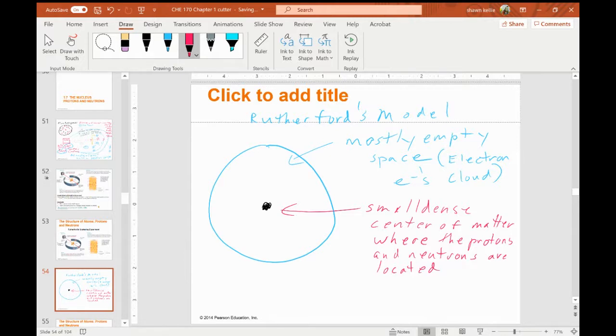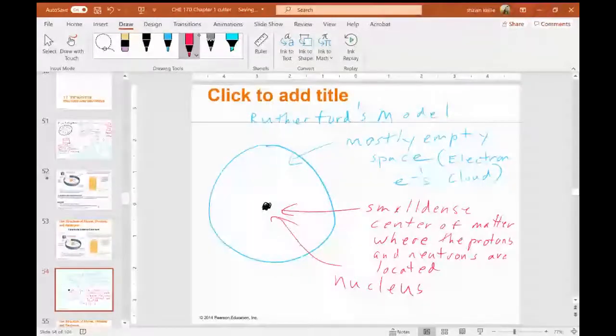He referred to this small dense center of mass as the nucleus. And I'm sorry, this is a hard moment for me. It's something that all chemists are still trying to come to terms with today. Rutherford took the name nucleus from Hooke.